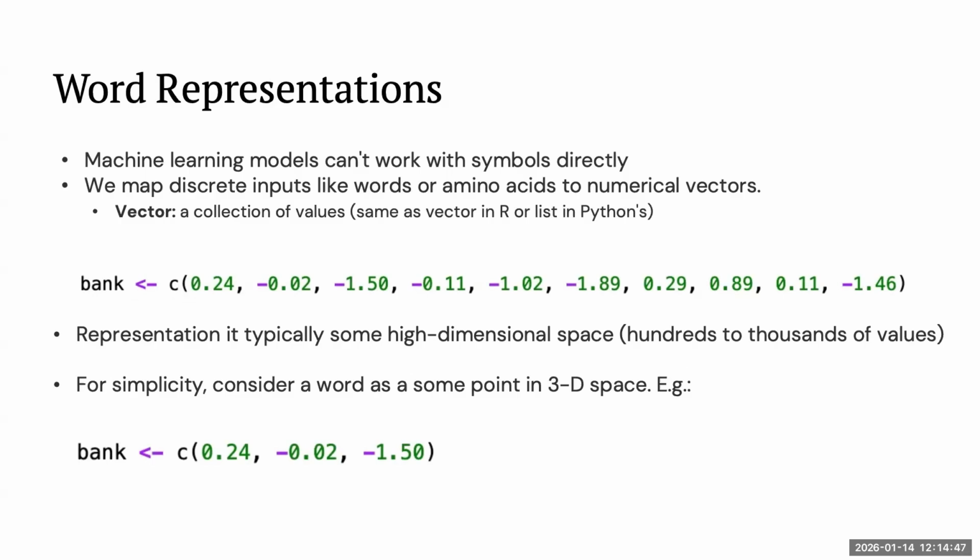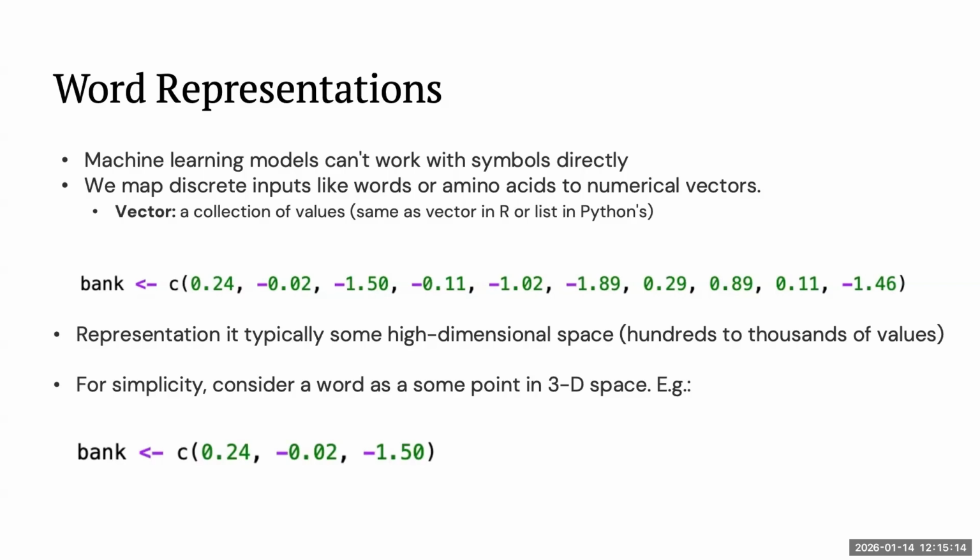A vector, just like a vector in R, is a collection of real numbers, like a list in Python. So I'm creating a vector in R for bank that has a bunch of numbers. This is the representation in the computer of what bank means. Typically these representations are hundreds, if not thousands, of numbers.